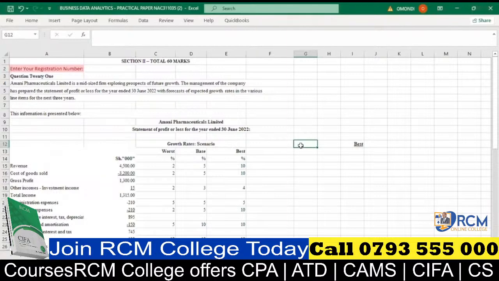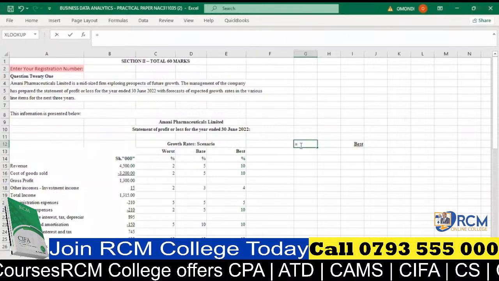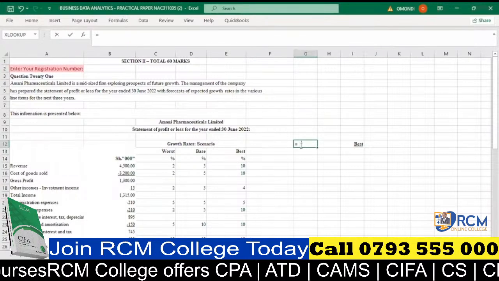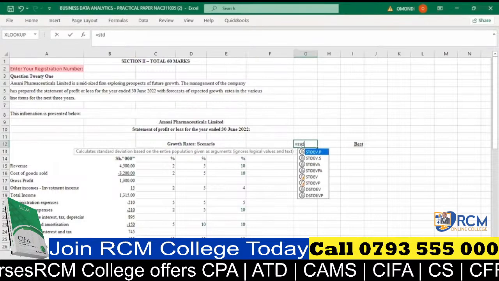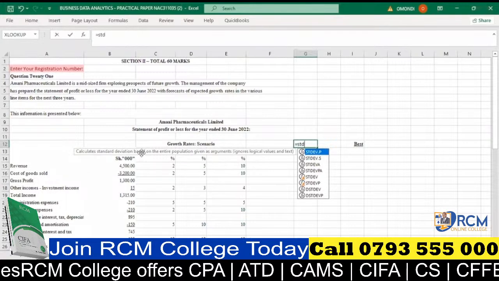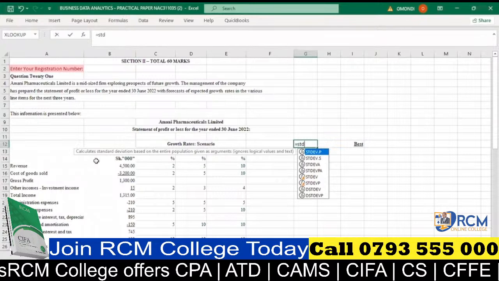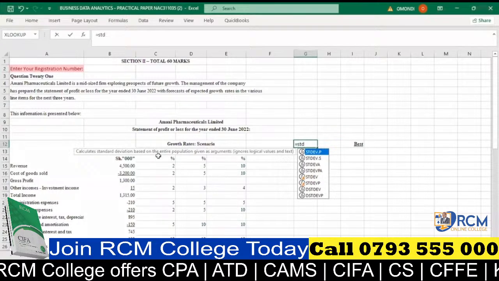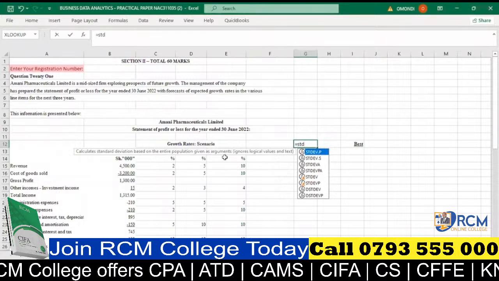Say equal to, then standard deviation P. So the moment standard deviation P appears, the application of what that formula will help you to solve is given here. Calculate standard deviation based on the entire population given as arguments.